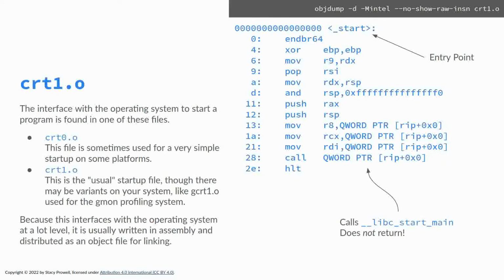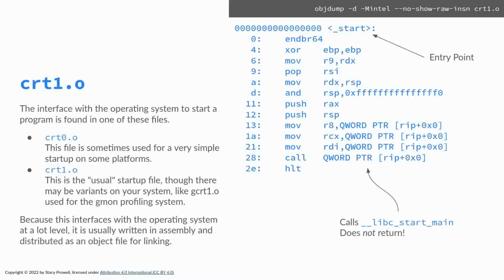If you do a locate for crt1.o, you may find a few others on the system. And again, they're just different wrappers for your program. The most notable one is gcrt1.o, which you get instead if you build your C program with profiling turned on, because it wants to enable profiling for your program.